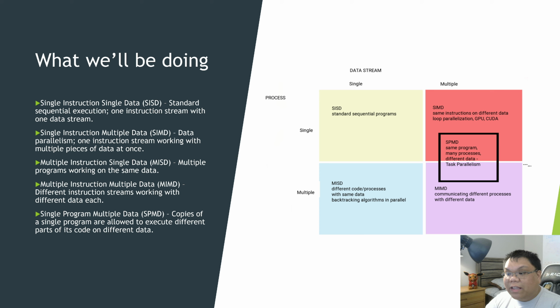Multiple instruction, single data, that is multiple programs working on the same data. The example given here is, say, a backtracking algorithm. Say you have a maze, and you have a bot with the magical ability to make copies of itself. Maybe it's a software bot traversing a virtual maze.